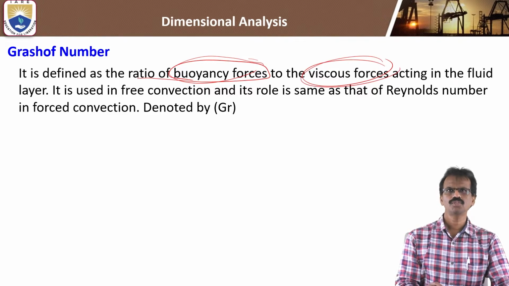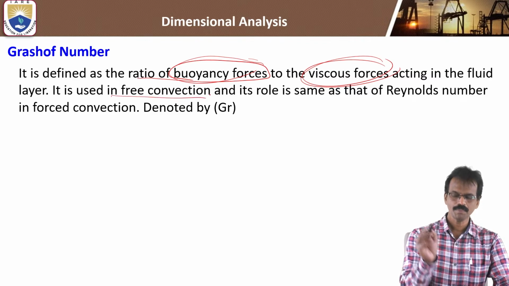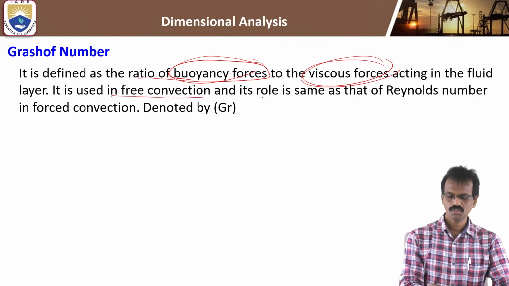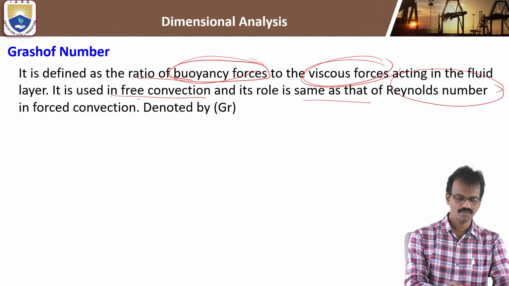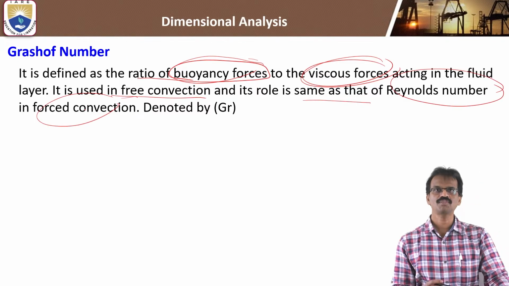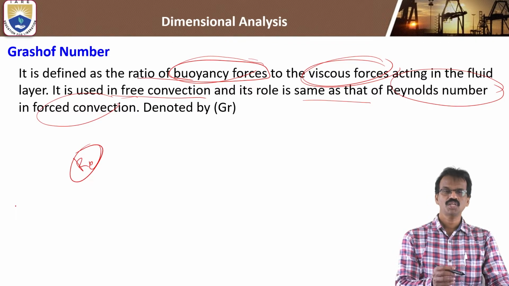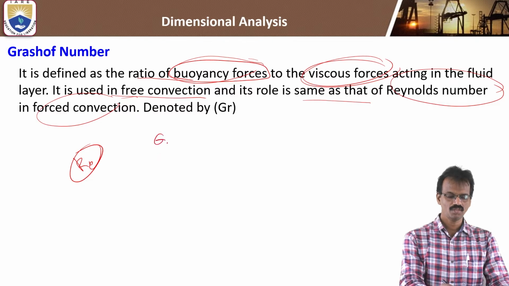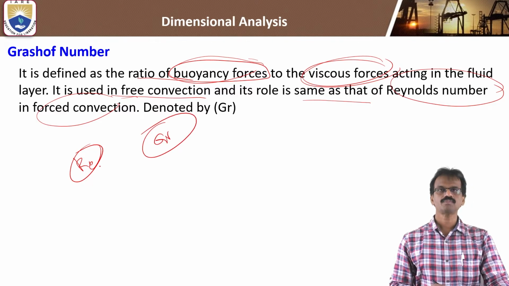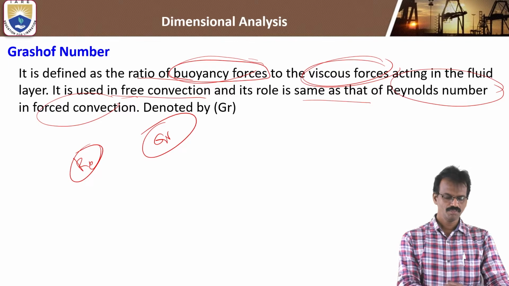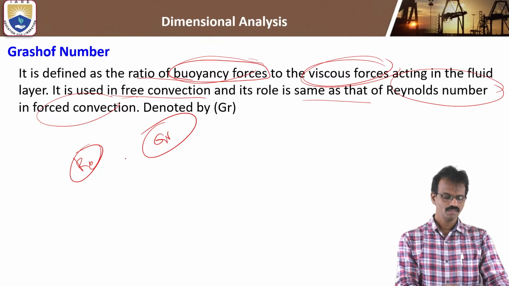It is used in free convection only. Its role is the same as that of the Reynolds number in forced convection. In forced convection, we'll see the Reynolds number. In natural convection, we'll see the Grashof number, Gr. So the same functioning is performed by these two dimensionless numbers.